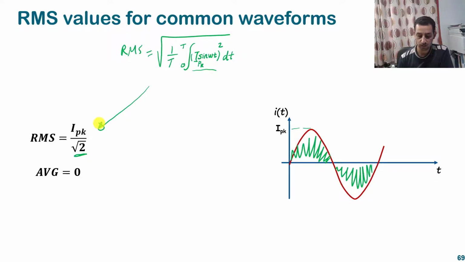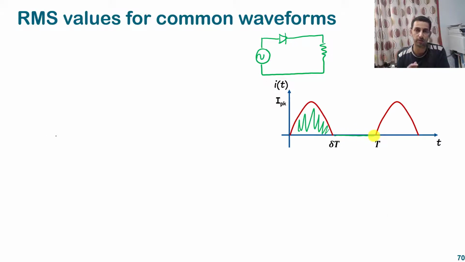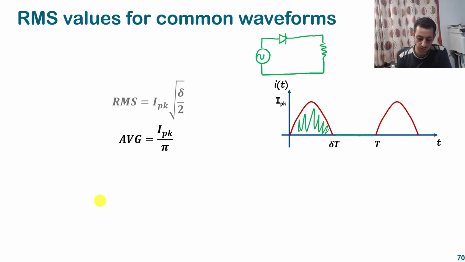But what about this one? This one is a result of a sinusoidal wave going through a diode, which is a half wave rectifier. It passes the positive side and prevents the negative side. So what is the RMS value and average value for that?